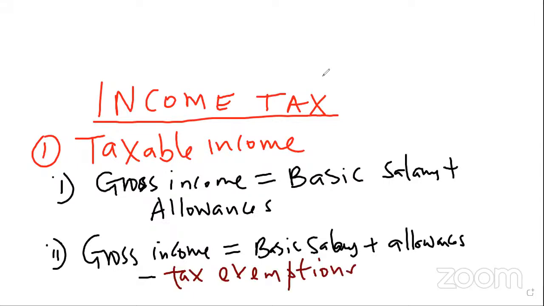For example, if your basic salary is maybe 200,000, then you are given house allowance and maybe transport allowance. But at the end of the day, you are told this part of the salary will not be taxed. If some part of the salary is not taxed, we say it has been exempted from tax.